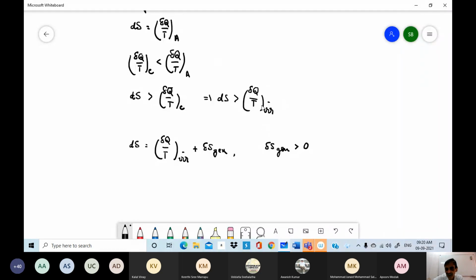So in this case, the delta Q by T is smaller, which we have shown from Clausius inequality. So if delta Q by T is smaller, then delta Q by T for irreversible is smaller than for reversible. Now dS is equal to delta Q by T for reversible. The delta Q by T for irreversible is smaller, so we must add a delta S gen, which is the entropy generated in the irreversible process in order to get the change in entropy during an irreversible process.